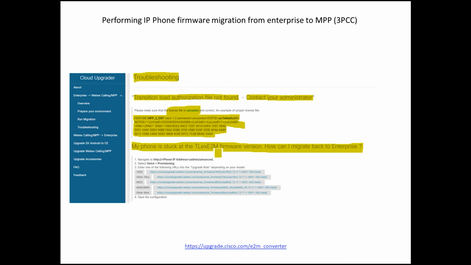So that first stage you may see a reboot, and when the phone reboots it still may have enterprise firmware on it. And then once it goes from that first stage to stage 2, it's going to be migrated from enterprise firmware to the transitional load, which is basically what you see here. And then once it puts on a transitional load on a phone itself through the Cloud Upgrader, the last stage, stage 3, is going from transitional firmware to enterprise firmware.